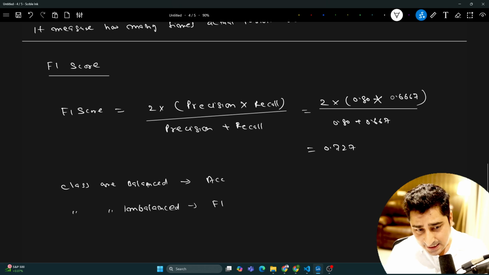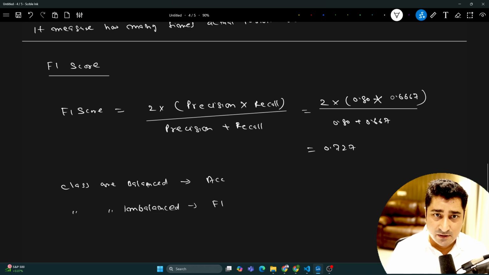You are supposed to use precision when your false positives are costly, when you can't afford false positive values, maybe in a healthcare test. And you use recall when false negatives are costly, maybe in a judiciary, when you are trying to give a verdict, where you can't allow a false negative value. In that place you are supposed to use recall.